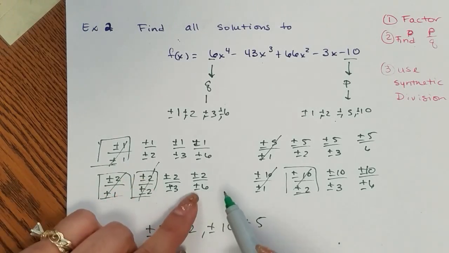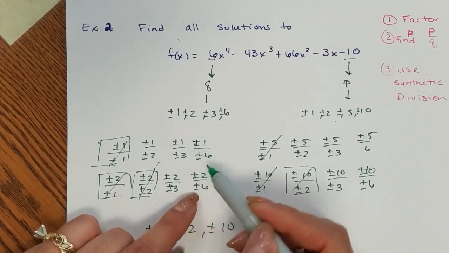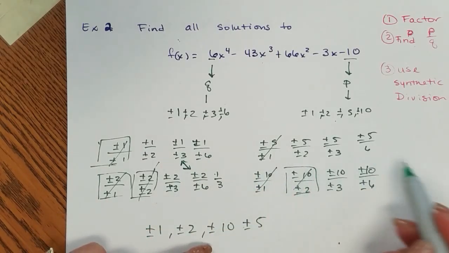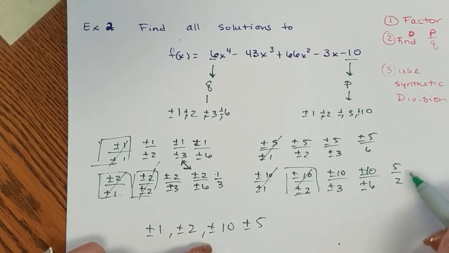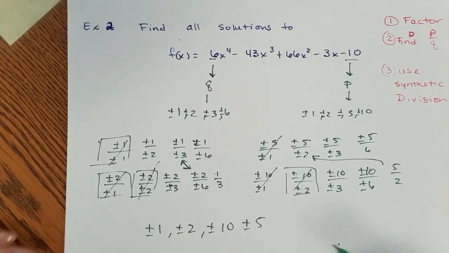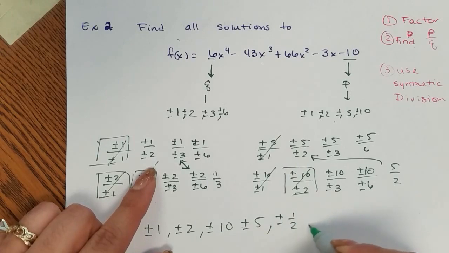When I mean that some of them are going to double up, I mean like this 2 over 6 actually reduces to 1 over 3, which we have right here. Okay, so all of these other ones are roots. This 10 over 6 is going to simplify to 5 over 2, which we actually have right there. And that's just what I mean by doubling up. So all the other roots are, you know, plus or minus 1 over 2, plus or minus 1 over 3.